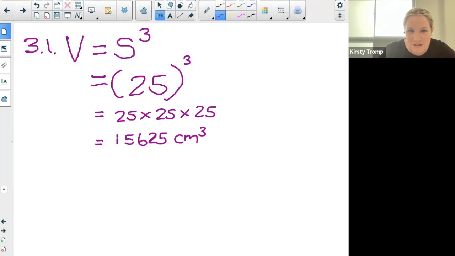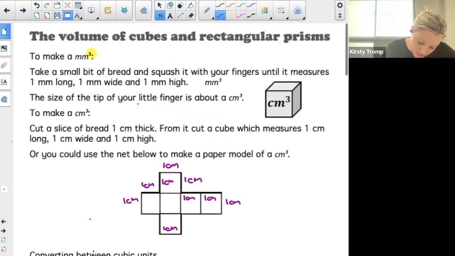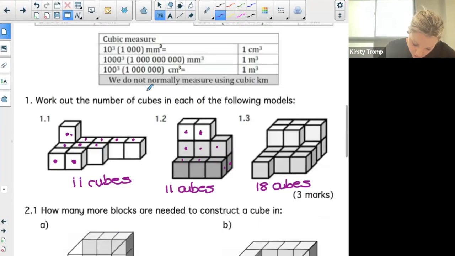So that's the format that we use. We say volume equals side cubed. Open brackets, we put our figure in, the amount that they give us, and we cube it, and we get our answer.